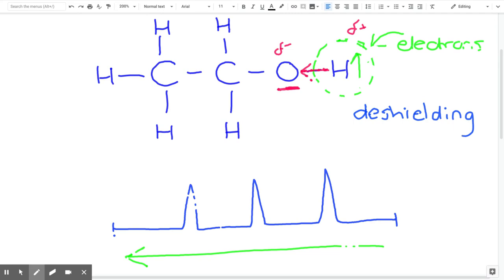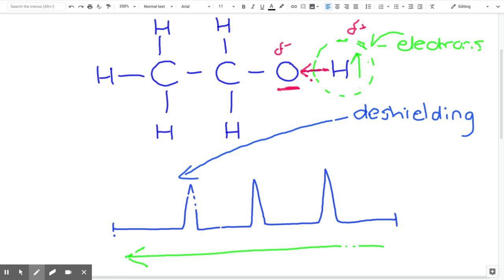De-shielding of a proton pushes the peak towards the left-hand side of the spectrum. Okay, goes towards the left-hand side. So the hydrogen attached to the oxygen, which is the most electronegative, is the most de-shielded proton in that molecule. This corresponds to the left-hand peak in the low-resolution spectrum of ethanol.